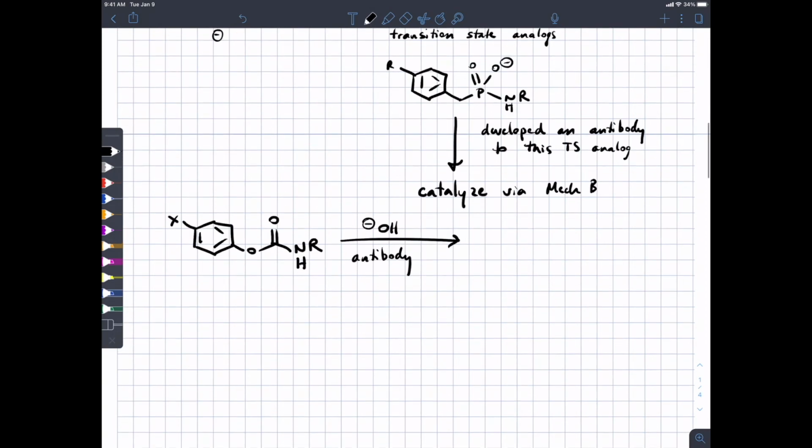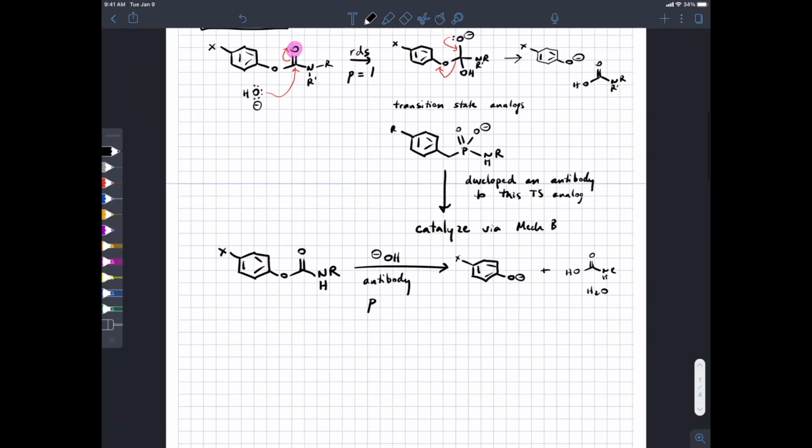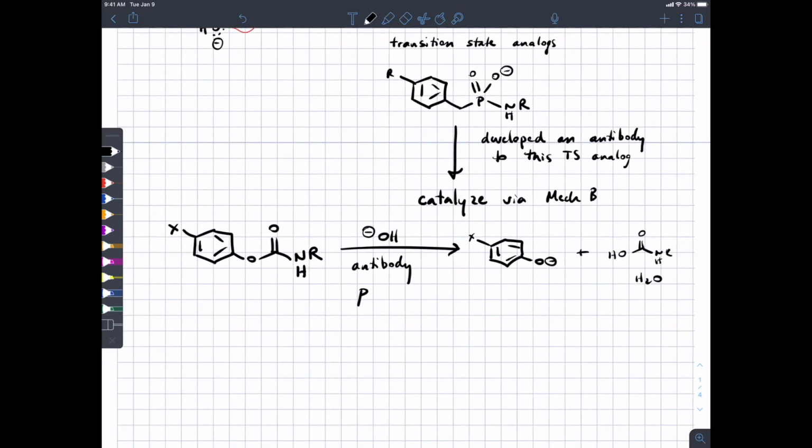And of course, that would release the phenol and the carbamic acid and water. And then they did a Hammett analysis to see what the rho was. Okay? And the rho for this reaction, as catalyzed by the antibody, was 0.526.